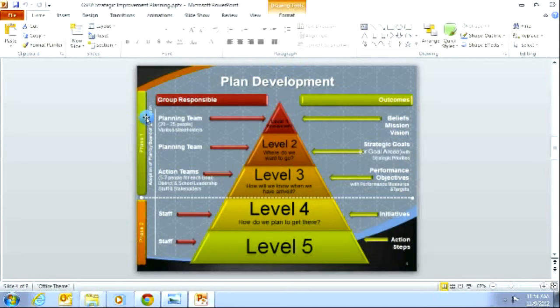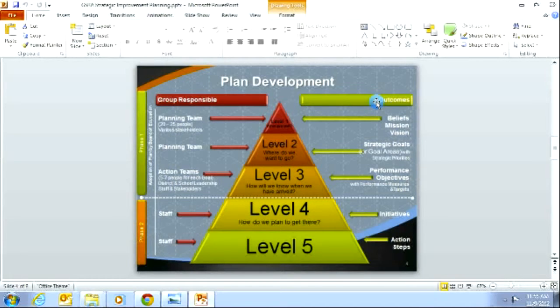If you look on the left-hand side, where I'm pointing, we have phase 1 and the different stakeholders that will be involved in that. And we look at the planning team and the work that they will be doing, as well as the action team. These are the groups responsible.